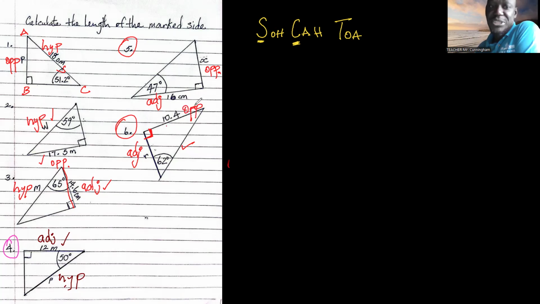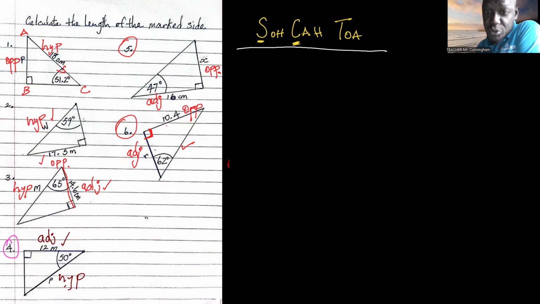What rule has adjacent and hypotenuse? What rule had adjacent and hypotenuse? Cosine.